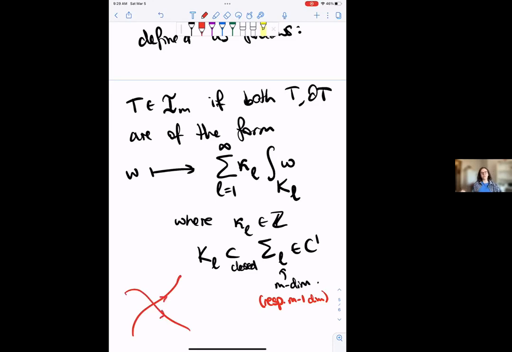This is an example of a one-dimensional integral current, and you maybe weight this with multiplicity 2, this with multiplicity 3. So you create these singularities, which I'll define properly very soon. These are places where, locally around this point, you can't write your surface as just a single nice smooth guy with some multiplicity.